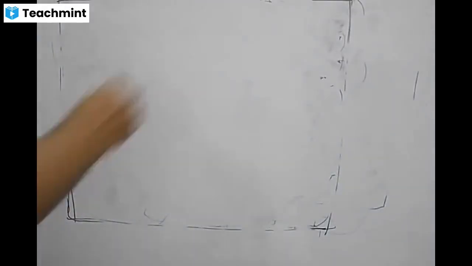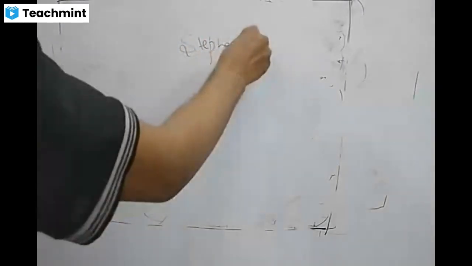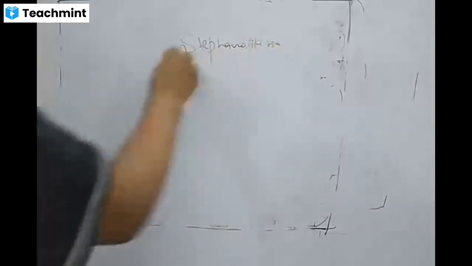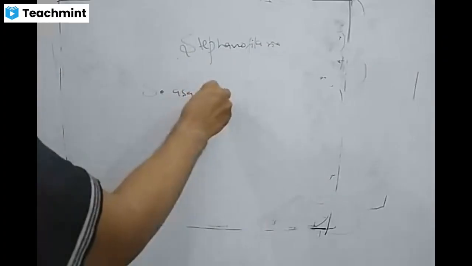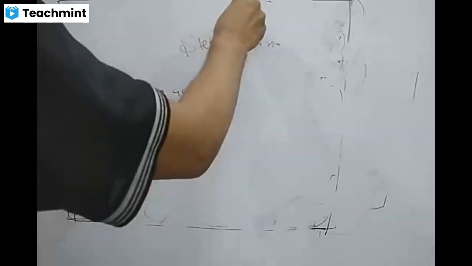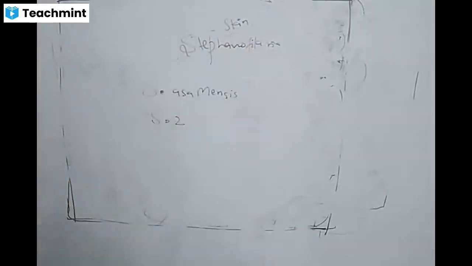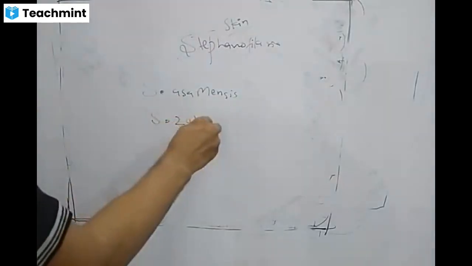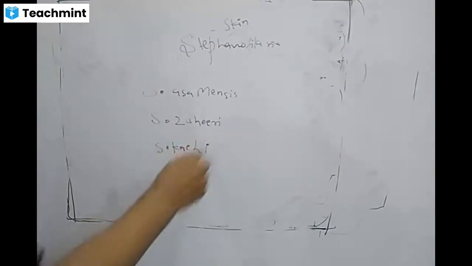Then Stephanofilaria. Only etiology is important. There are three species, assamensis, because all the pathogenesis is related with the skin. Then next is your something zahiri and kaeli.